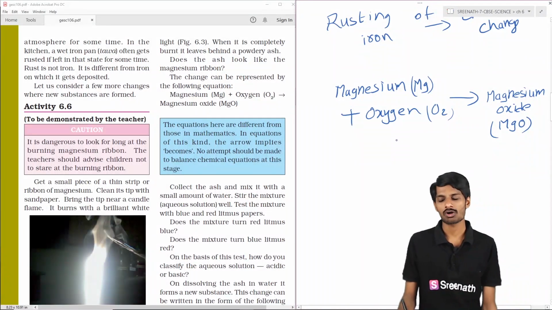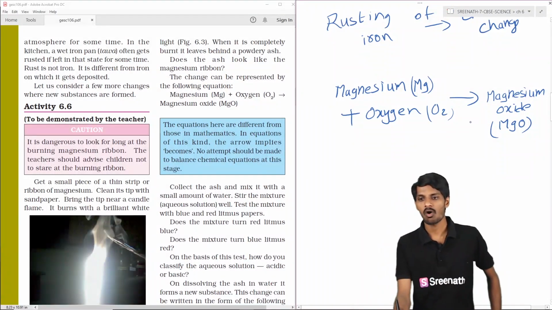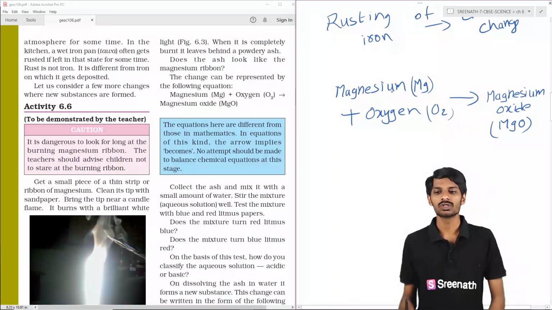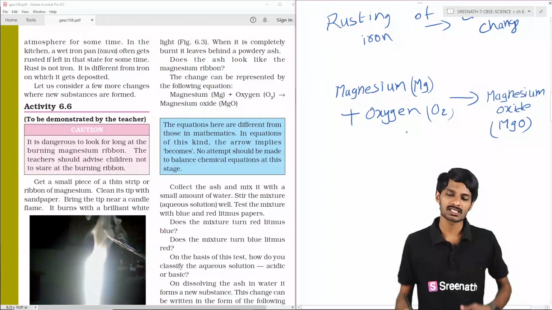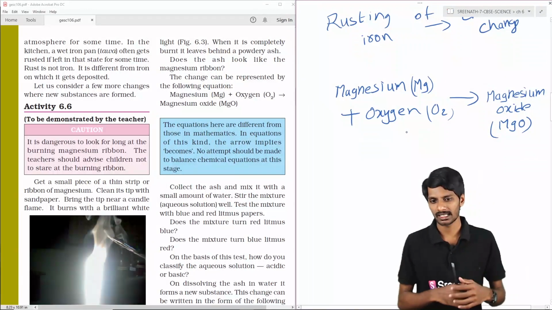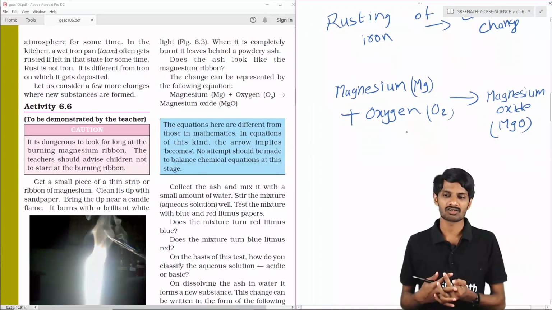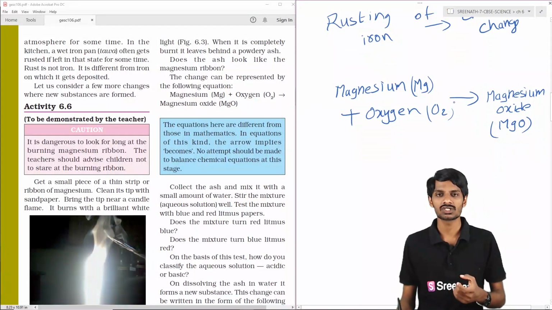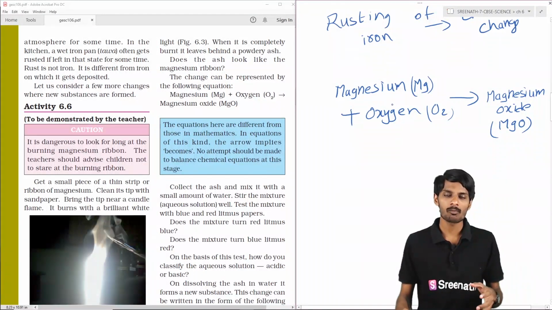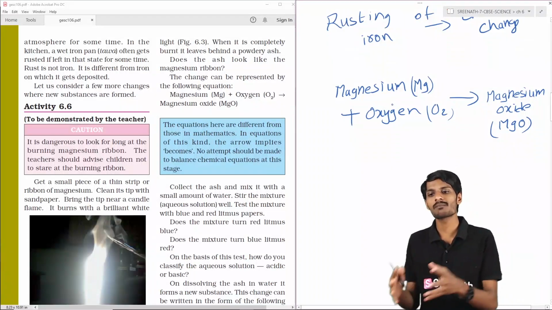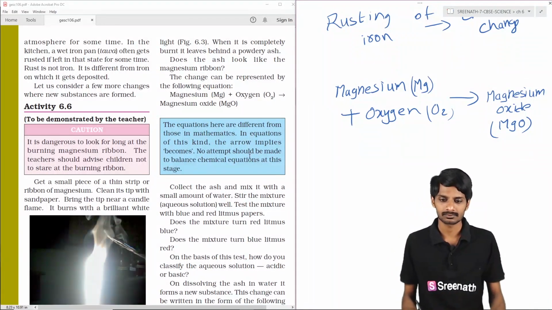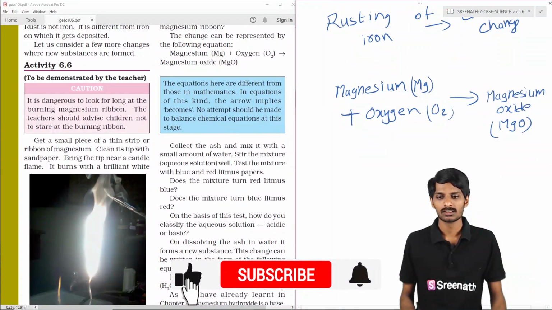So magnesium plus oxygen gives rise to magnesium oxide, students. Here we call this an equation, students. It is different from the mathematical quadratic equation. It is a linear equation, students. Here there is an arrow which says that these two compounds combine and form a new compound.